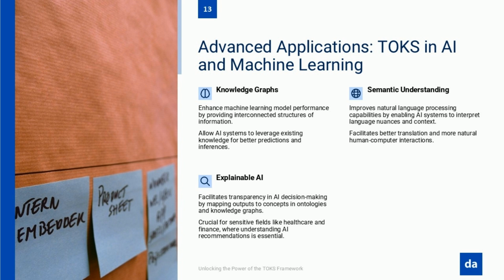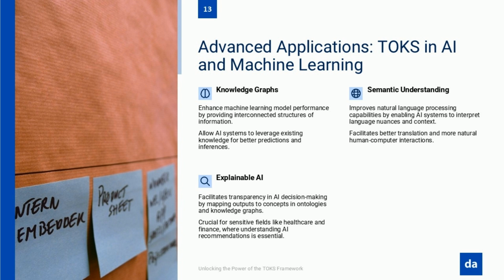For example, a machine learning model tasked with identifying objects in images can use a knowledge graph to understand relationships between objects, their properties, and typical contexts. This additional layer of information can significantly improve classification accuracy and reduce errors.